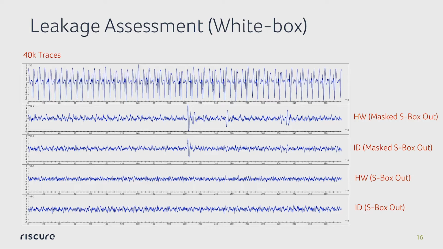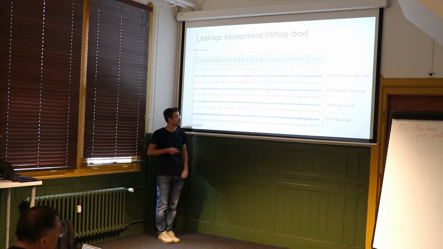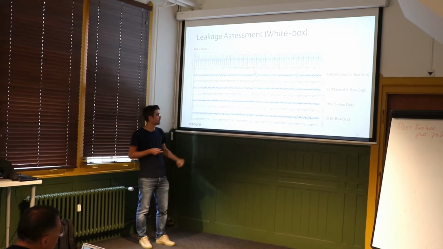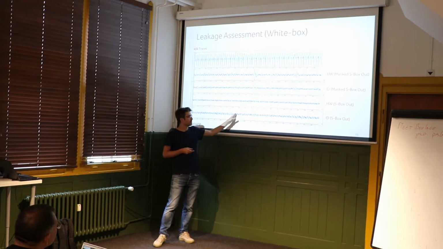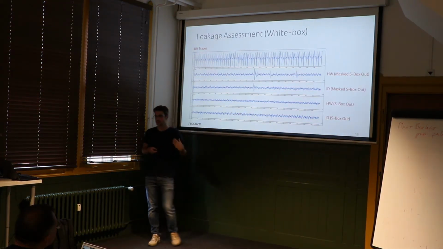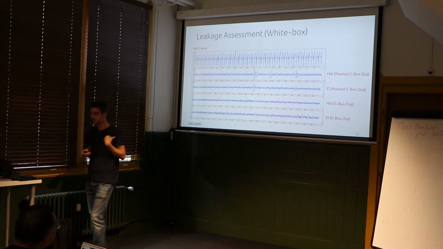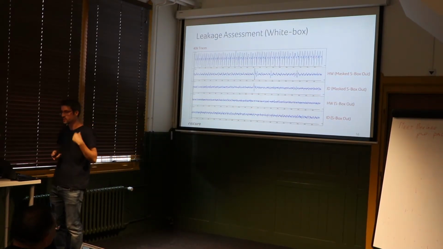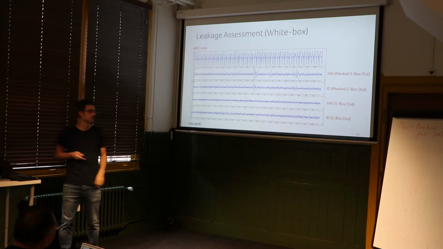So there can be some leakage. The Hamming weight of the masked value is leaking. If I take a black box scenario where I target the output of the S-box without any masking, I don't see any correlation, meaning that the leakage is not really first order in this case.